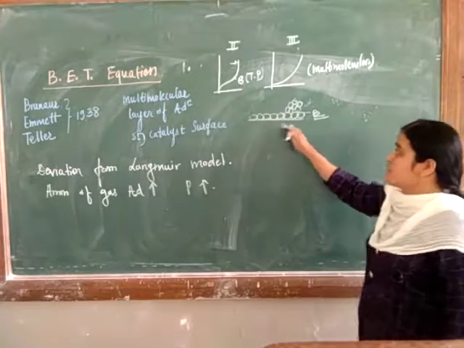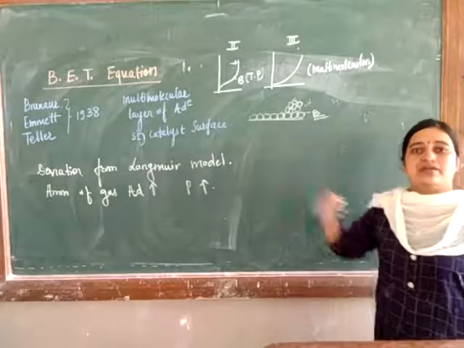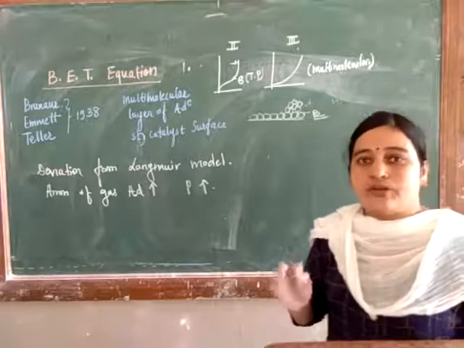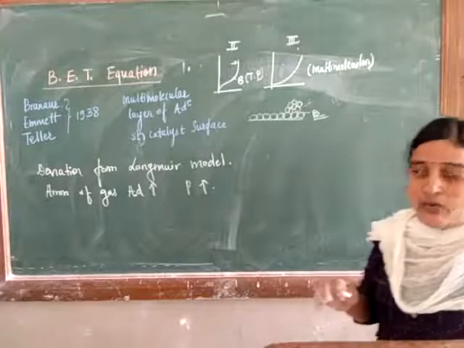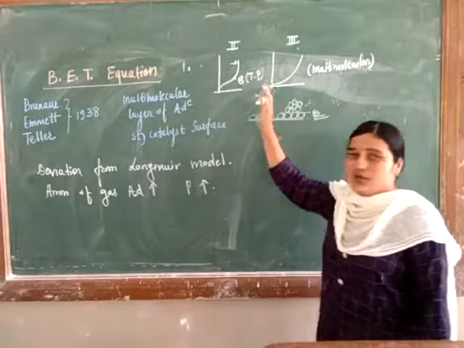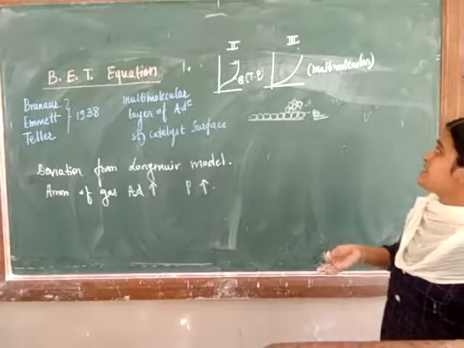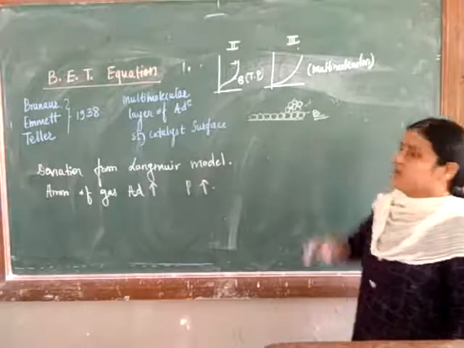What is the type 2 isotherm? When the monomolecular layer is completed and the surface area is entirely covered by it, the formation of multimolecular layers begins. From this point B, the transition point, this is the isotherm of type 2. Now what's the next isotherm? Isotherm of type 3.